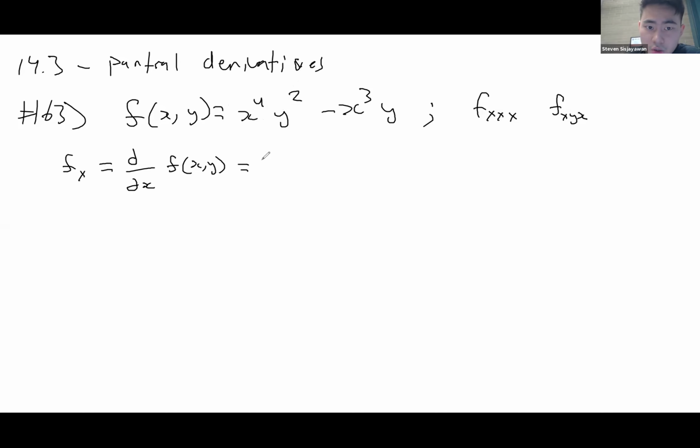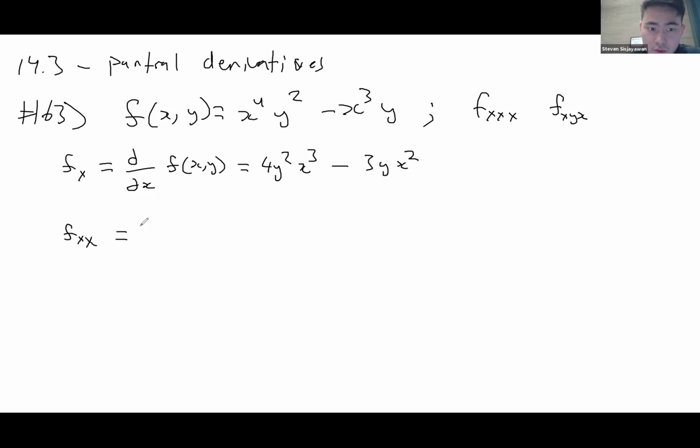So in this case, I'll get 4y squared x to the power 3 minus, not x cubed, because y is a constant, so it would be 3y x squared. Okay, so that's f_x. Now f_xx is going to be deriving this in terms of x again.